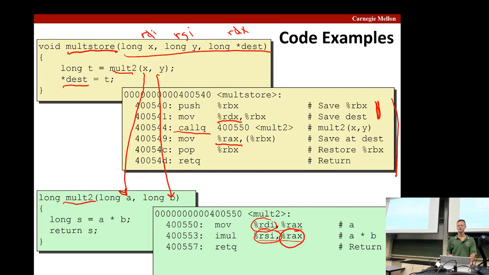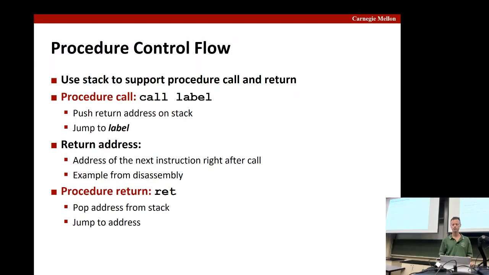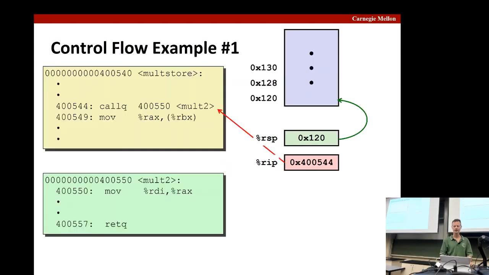So that's the kind of thing we're going to talk about today, and we'll do it one step at a time. The first thing, of course, is the control flow. Here, the call instruction is symbolically mul2, but once the code is loaded, there's some address in memory, this address here, where the code for mul2 resides.